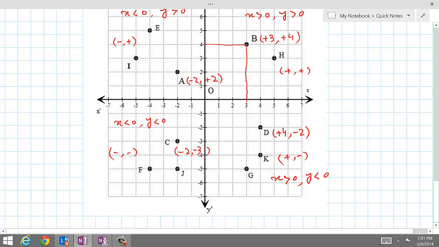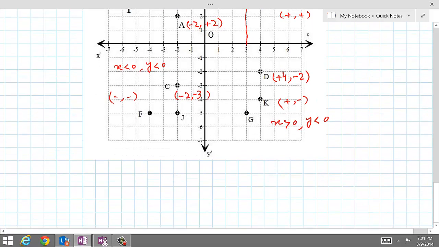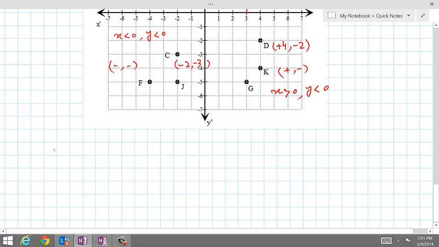Sometimes you might be given a point. For example, if there was a question: in which quadrant does the point (-3, +2) lie?